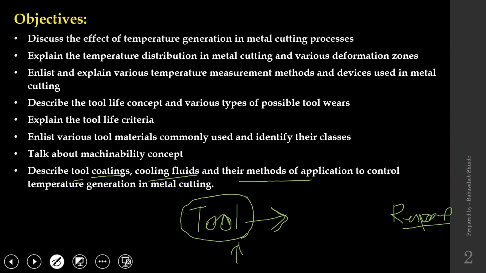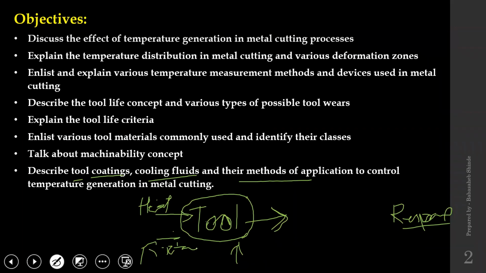Now that coating selection will be dependent on certain parameters. What those parameters could be? The amount of heat to be absorbed by the cutting tool. If you want to minimize that one, you can go for certain coating. If you want to reduce the friction between cutting tool and workpiece, then I will go with certain coating, right?